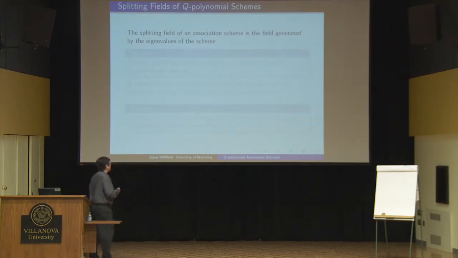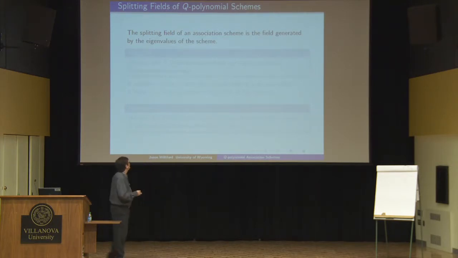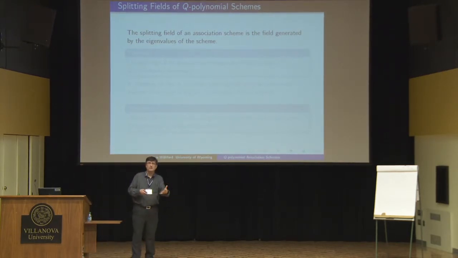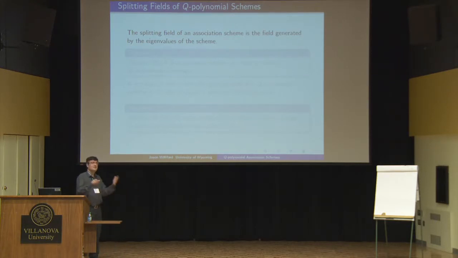Okay, a few more facts about this before I get into primitivity and imprimitivity. Q-parameters don't have to be integral or even rational. How bad can they actually be? Fortunately, we talk about the splitting field. This is the field generated by the eigenvalues of the scheme. All of the parameters that you're interested in are going to be contained in the splitting field.